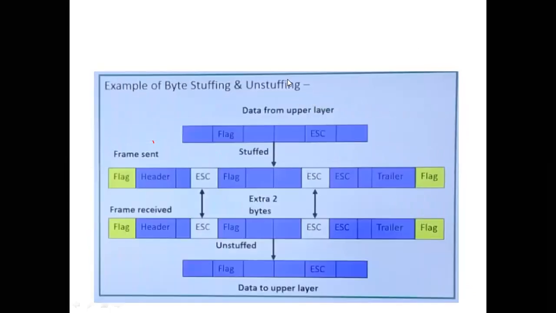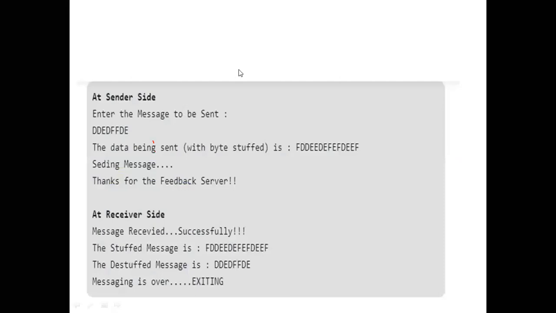This is one more example: flag and escape. Before flag we insert one escape, and before escape we insert one more escape character. So at the receiver side we remove these two escapes from the payload field.